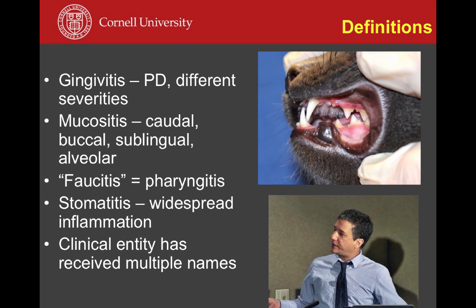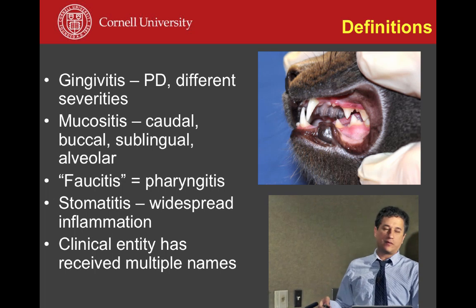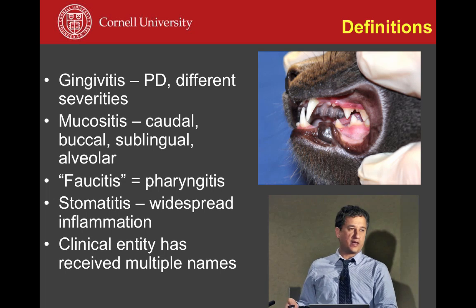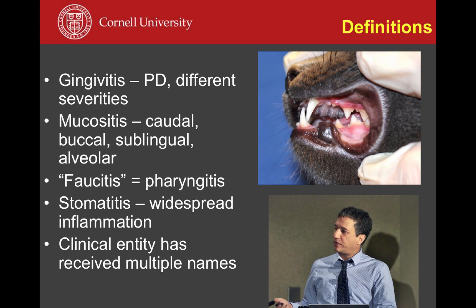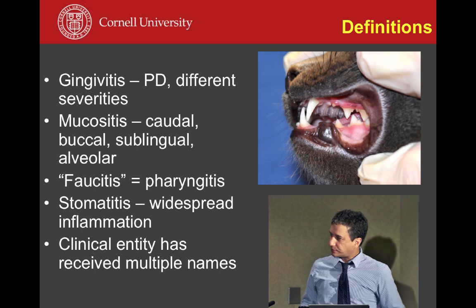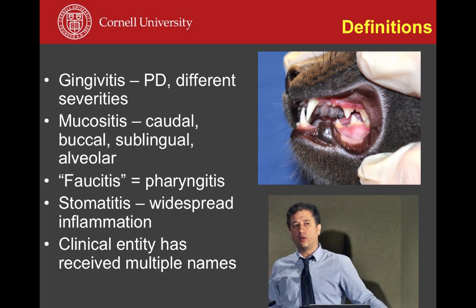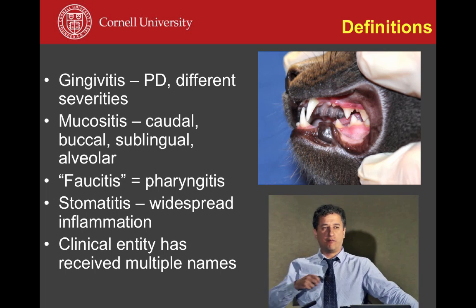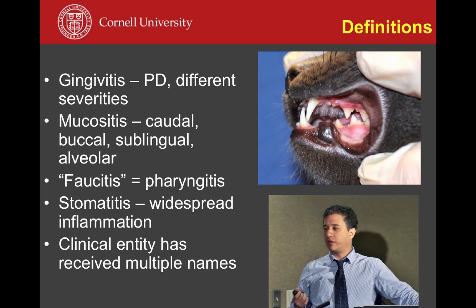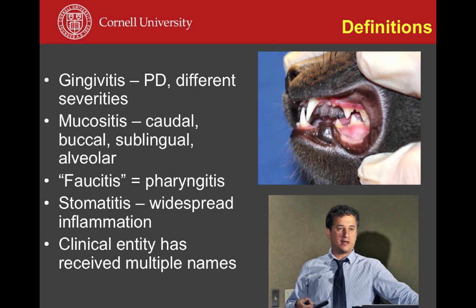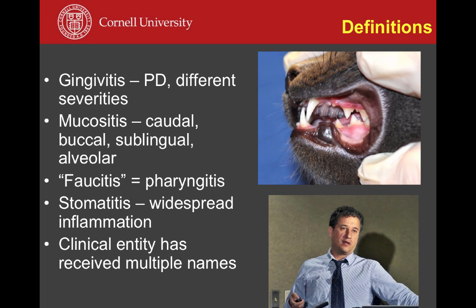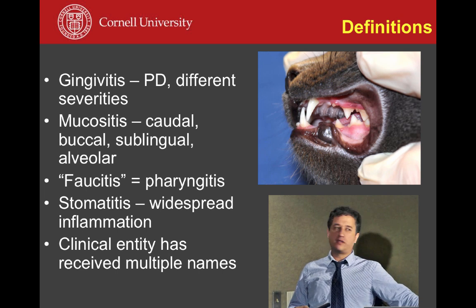The term stomatitis is used whenever there's widespread inflammation in the mouth. That would pretty much include mucositis and gingivitis, kind of simultaneously. The entity known as chronic stomatitis has also received multiple other names. You've probably heard lymphoplasmacytic stomatitis, or syndrome, or complex, fasciitis, etc., or feline chronic gingivostomatitis.